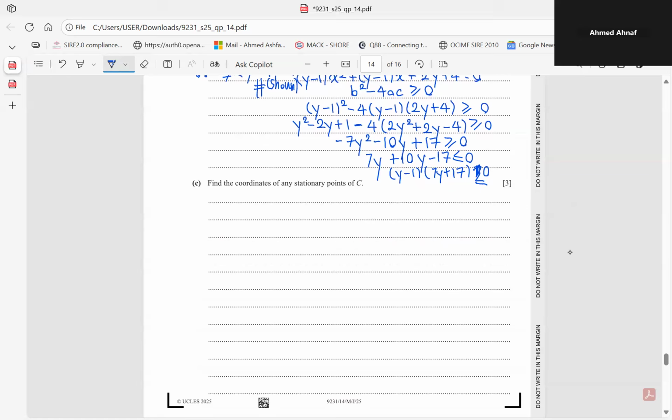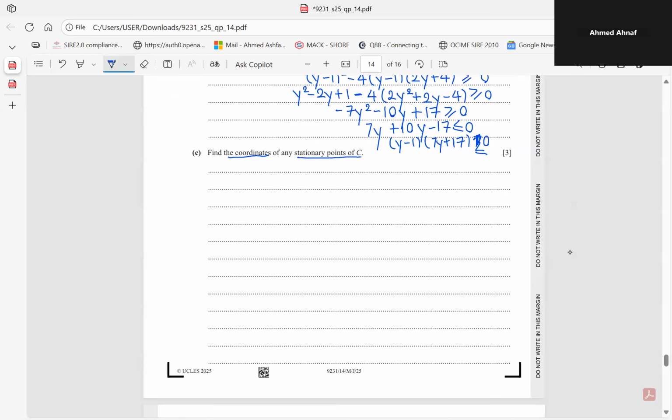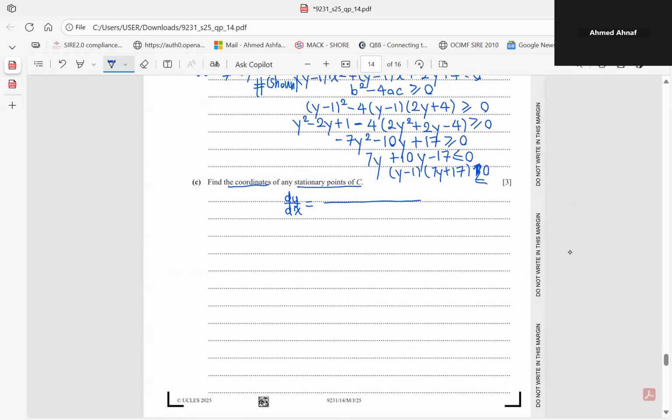Okay, now we have to find the coordinates of any stationary points of C. To do this, I'm just going to directly differentiate the function. So dy/dx, since it's a rational function, we'll use the quotient rule. So this would be over (x squared plus x plus 2) whole thing squared.